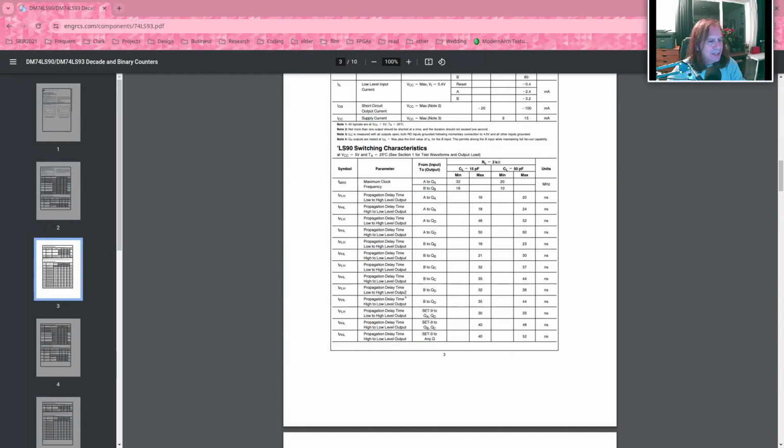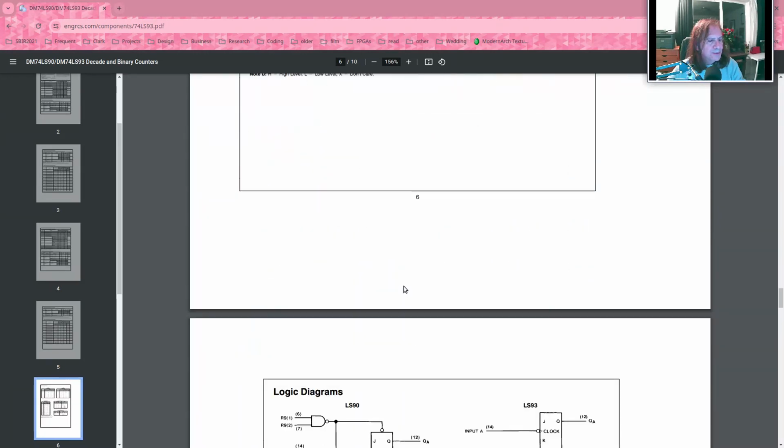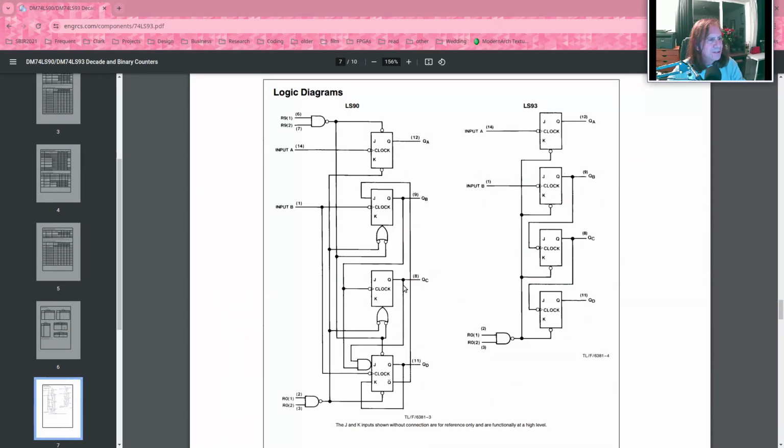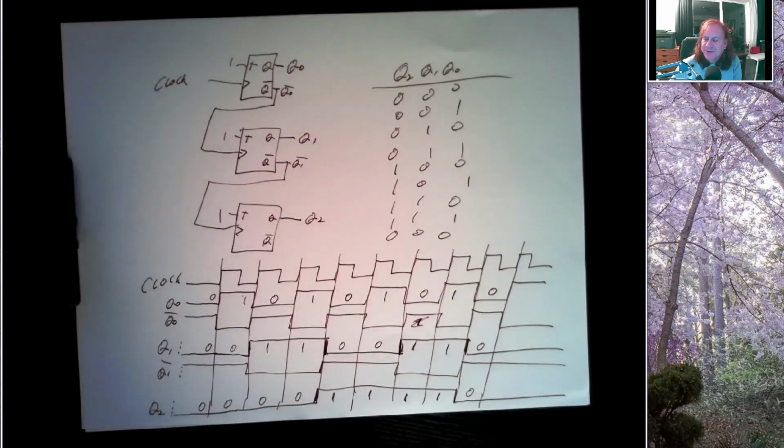But if we look at the block diagram for this chip, it's presented as a series of toggle flip-flops, JKs with J and K both 1, with the output of flip-flop B going into the clock of this flip-flop, the output of flip-flop C goes into the clock of this flip-flop, and so on. So this is something we can do. We can build a counter like this, and we'll play around with the 7493 in one of the labs.